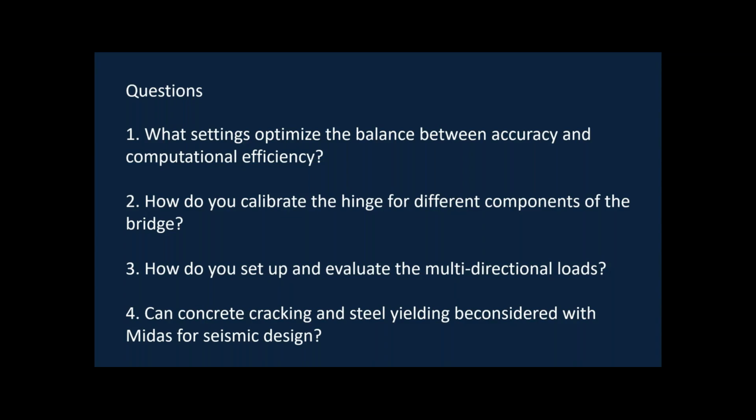So the first question: what setting optimizes the balance between accuracy and computational efficiency? This is actually a very general question. I'll consider that the accuracy and the efficiency are with respect to the plastic hinge definitions that we discussed earlier in the presentation.